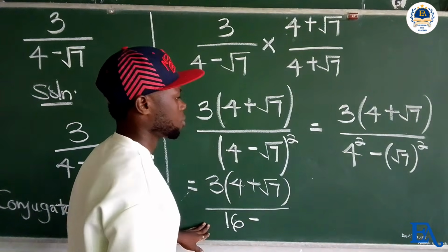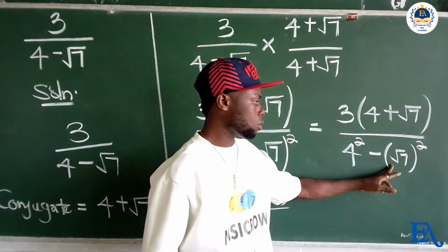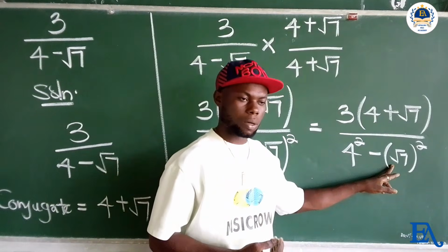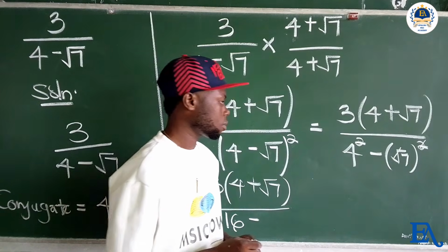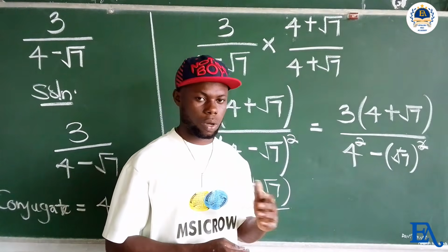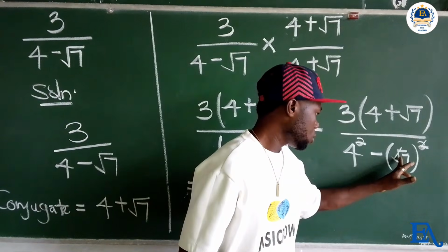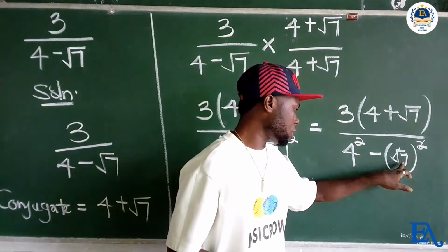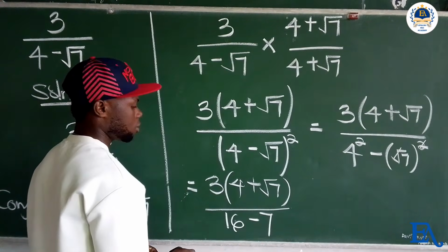Then minus, when a root is raised to the power of 2, they cancel each other. So this and this will cancel out. This is the simple principle. When we have root and square, they will always cancel. So we are going to be left with just 7. So this is 16 minus 7.